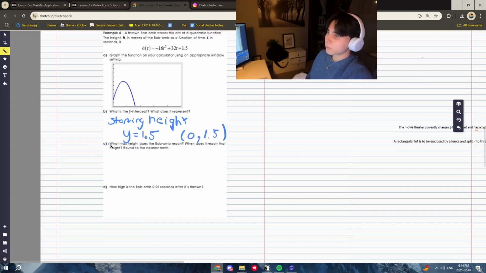So the next question is asking, what max height does the bomb reach, and when does it reach that height? The max height refers to our vertex, specifically our y value of our vertex. And when it reaches that refers to our x value of our vertex. Since time is our x and height is our y, it's asking what height does it reach and when does it reach that height?